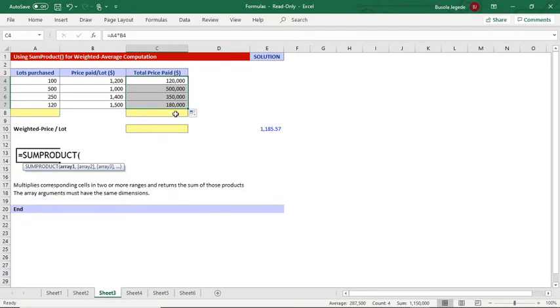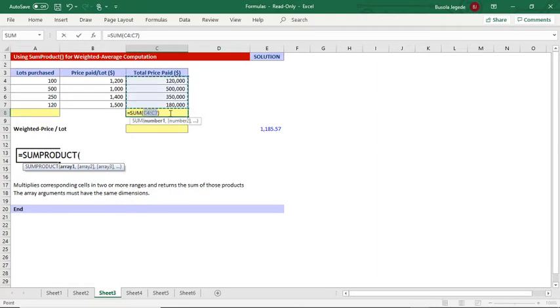And the way to find the weighted average is you find the sum of the total price paid divided by the sum of the lots. So let's find the sum of the total price paid here. Remember the formula we use to find sum is Alt equals.